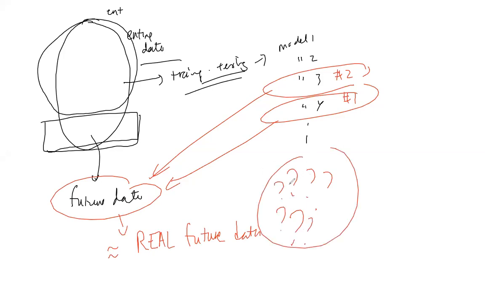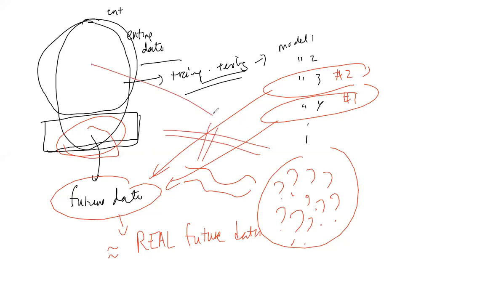If the future happens to be approximately equal to this part, then you will look like a genius. But if the real future data is something else, and nothing here is close enough to it, then again it will flop.